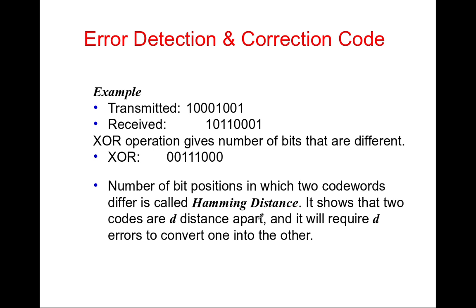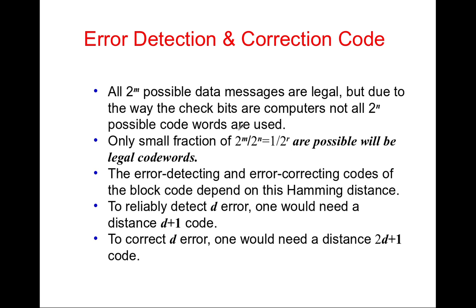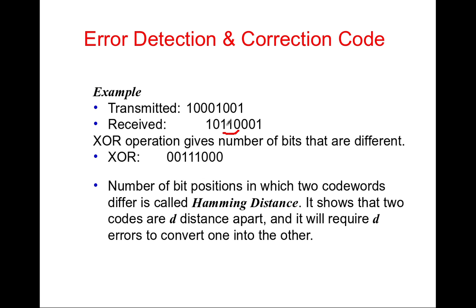So it will require d errors to convert one into the other. Here, if you see, this 0 was changed to 1, the next 0 was changed to 1, and the third bit 1 was changed to 0. So these 3 bits were in error. If you change these 3 bits back, we will get the original code word.